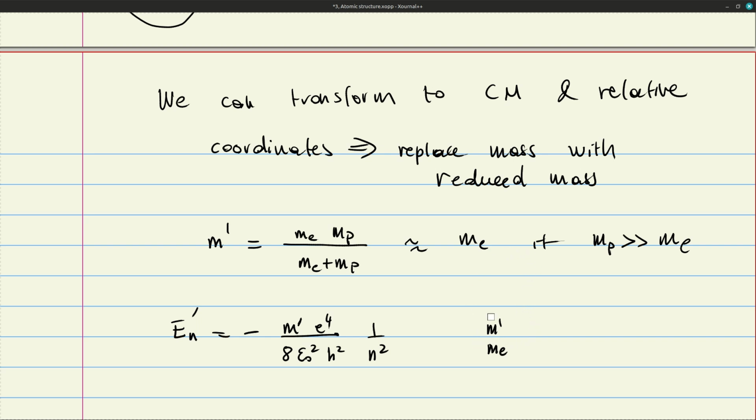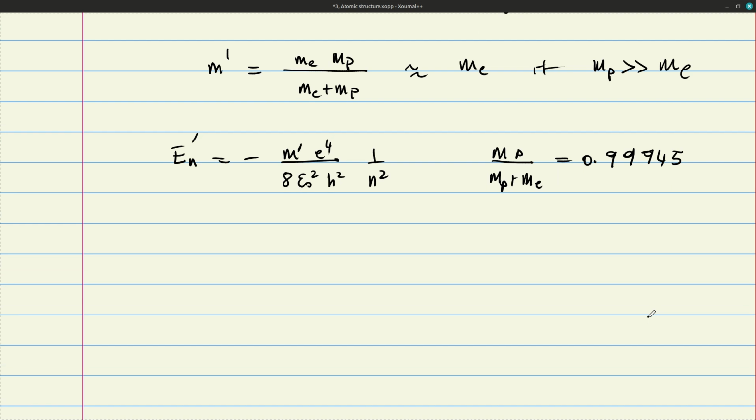I think the difference is going to be m proton divided by m proton plus m electron, and this is 0.99945. Right? There's a tiny difference, which is reasonable to neglect.